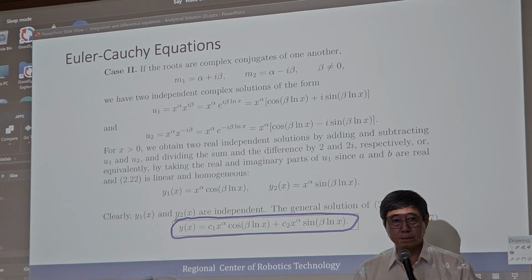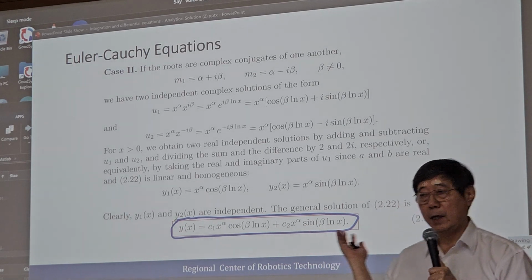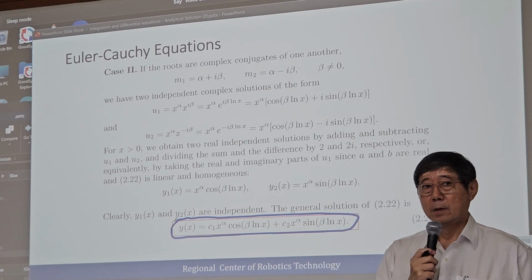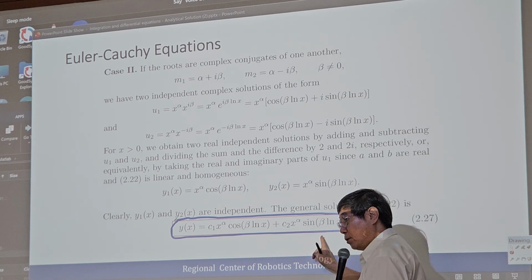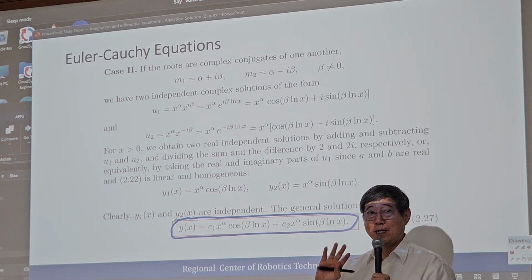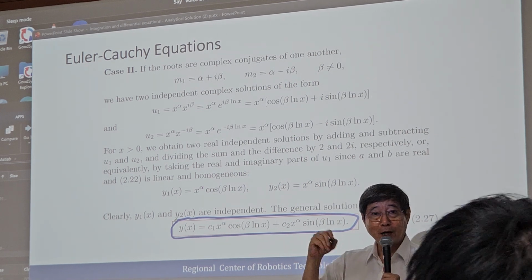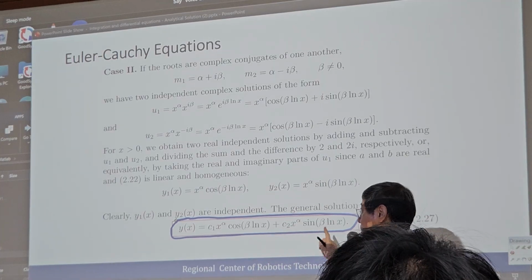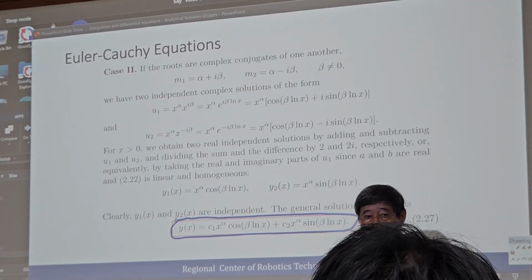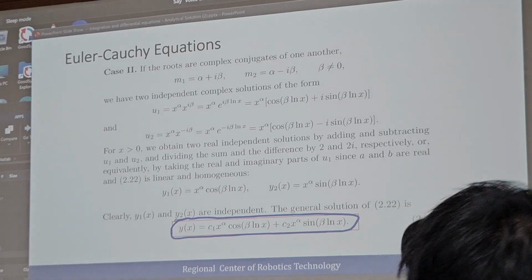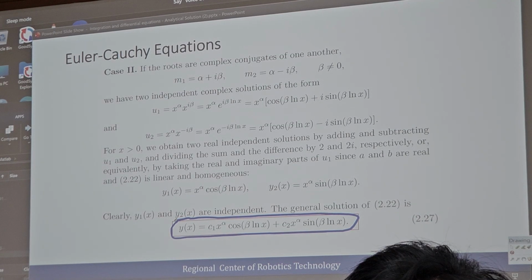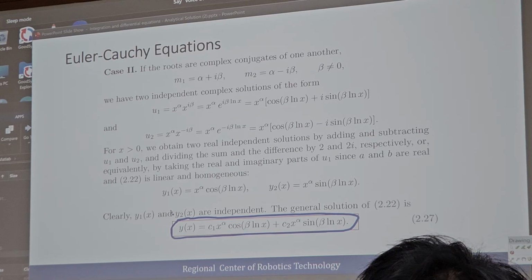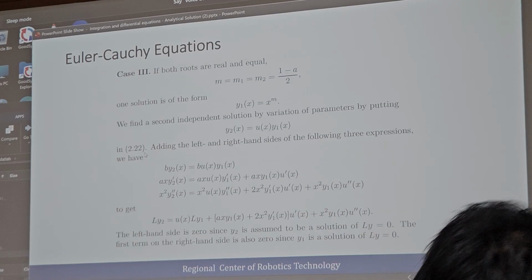This is the solution. You had better remember it, if you don't want to derive it. That one is for complex conjugate roots. The other one is for repeated roots.